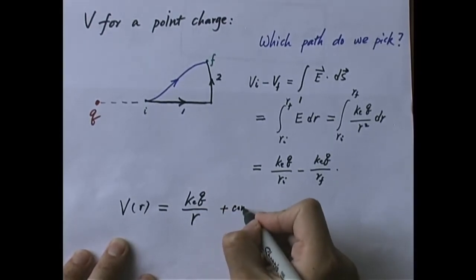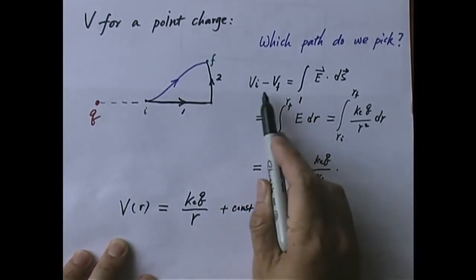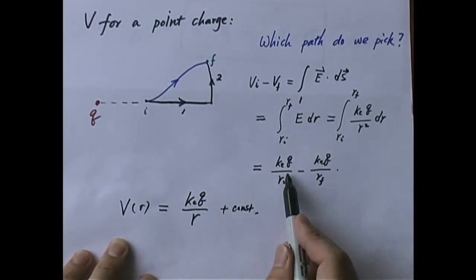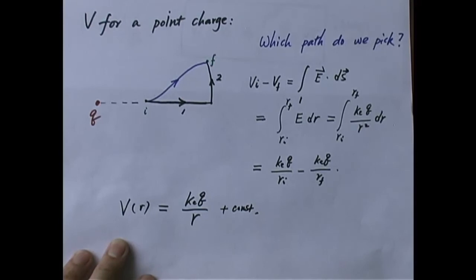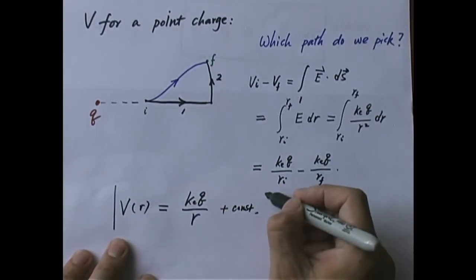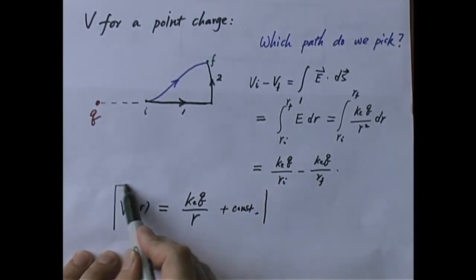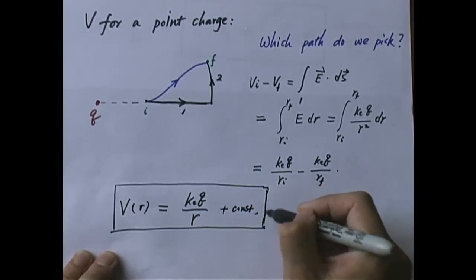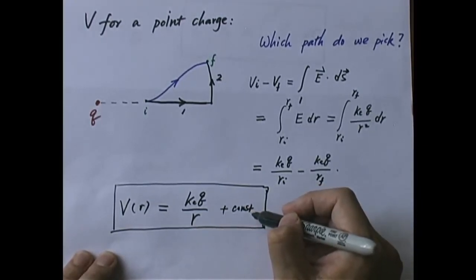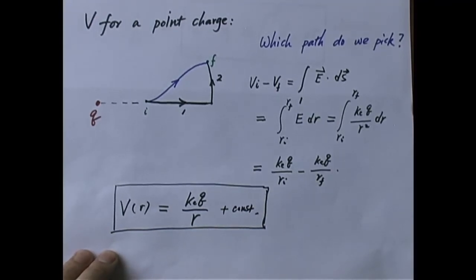You can add a constant here and the same constant there, and nothing happens to the difference. So the general expression for the electrostatic potential produced by a single point charge would be something like this. Sometimes I choose the constant term to be 0. Sometimes I don't. Okay, that's our first example.